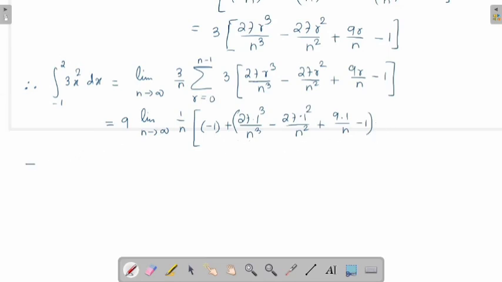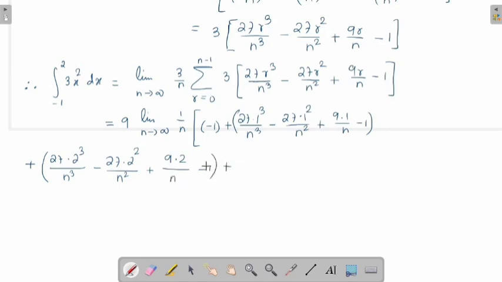So it will be plus, now the next value for r will be 2, remember. So it becomes 27 into 2 cube by n cube minus 27 into r square, that is 2 square by n square, plus 9r, that is 2 by n minus 1.